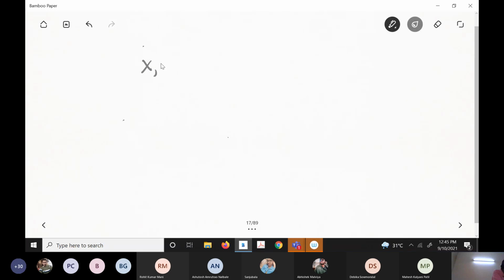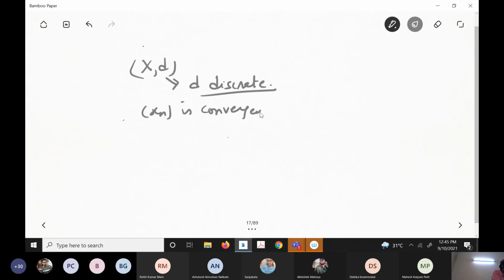But sometimes, look at X, take the discrete metric, suppose. If I say x_n is convergent in X, what kind of sequence will it be? Tell me.